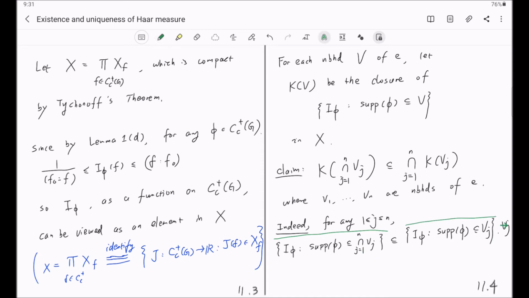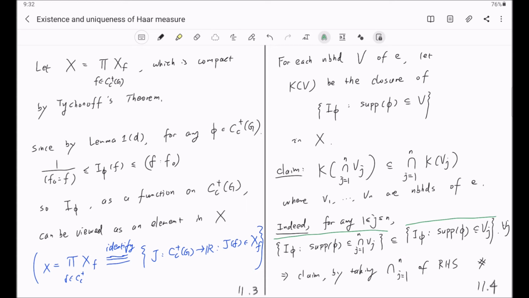And because this holds for any j, we can also take the intersection from j equal to 1 to n of the right-hand side. This yields the claim. This verifies the claim.